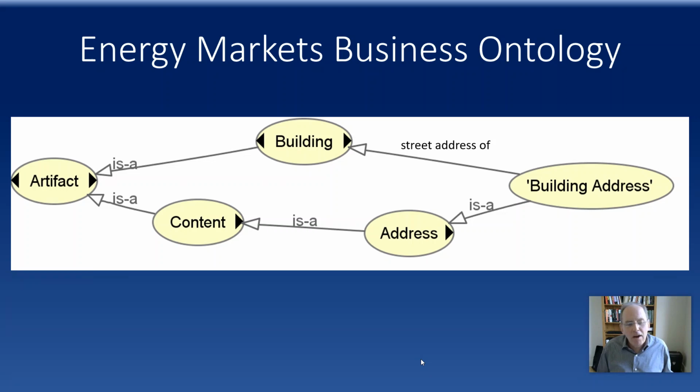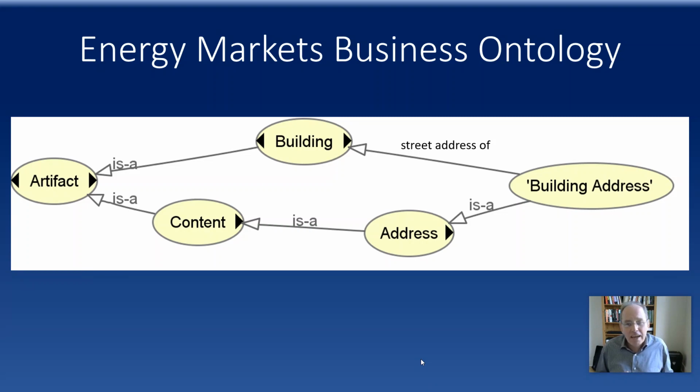But it's also worth moving down that a little bit further. So an address is a form of content, and a building address is a form of address. So what a taxonomy enables us to do is build this hierarchy of things that are increasingly specialized as we move down the hierarchy. But we can see that a building address is not a building.